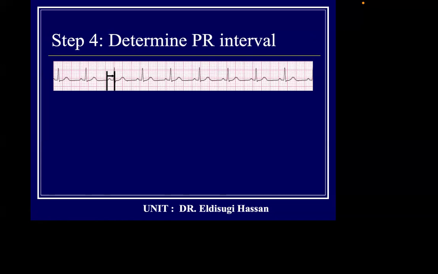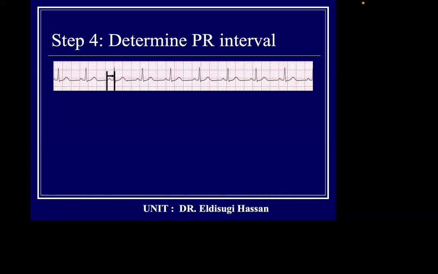And the QRS complex usually starts with the Q wave. Is it right? So actually it should be the PQ interval rather than the PR interval. But usually people say PR interval. You have to calculate from the start of the P wave to the start of the Q wave.